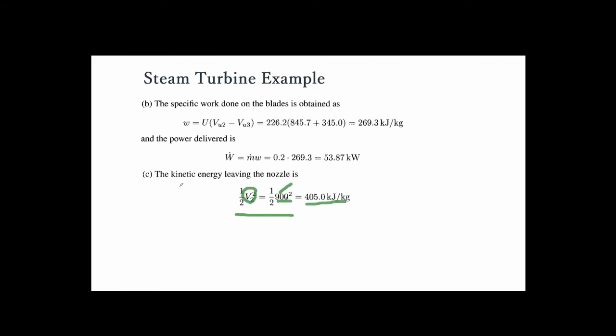We just want to calculate the kinetic energy leaving the nozzle. So the kinetic energy leaving the nozzle is half V2 squared. So we plug in V2 values here. We will get the kinetic energy leaving the nozzle as 405.0 kilojoule per second. This is another straightforward calculation.